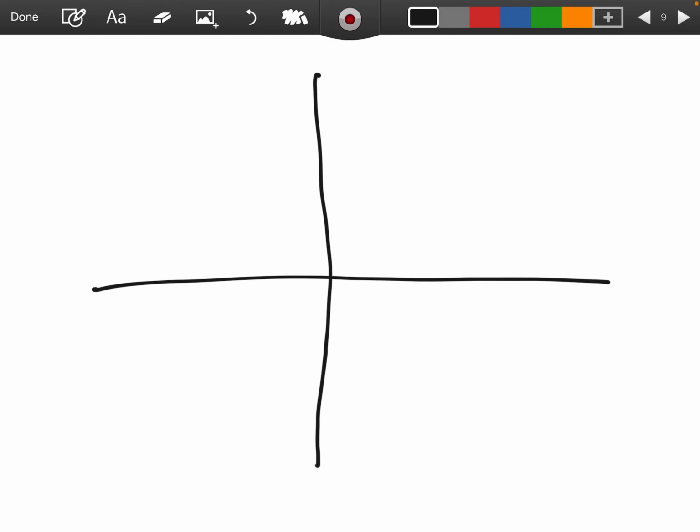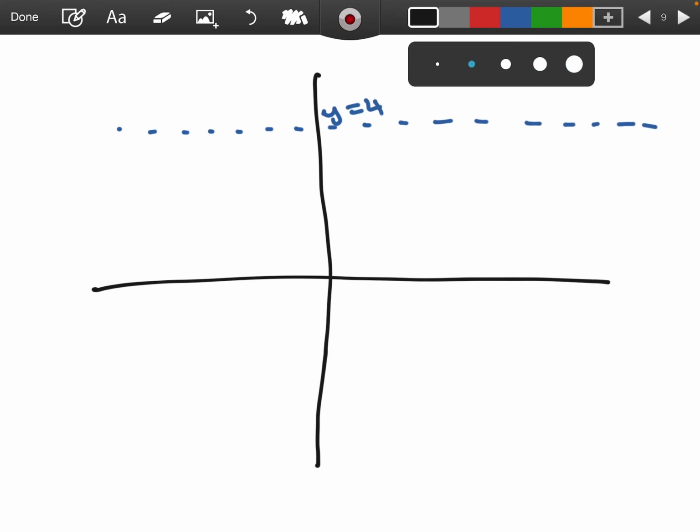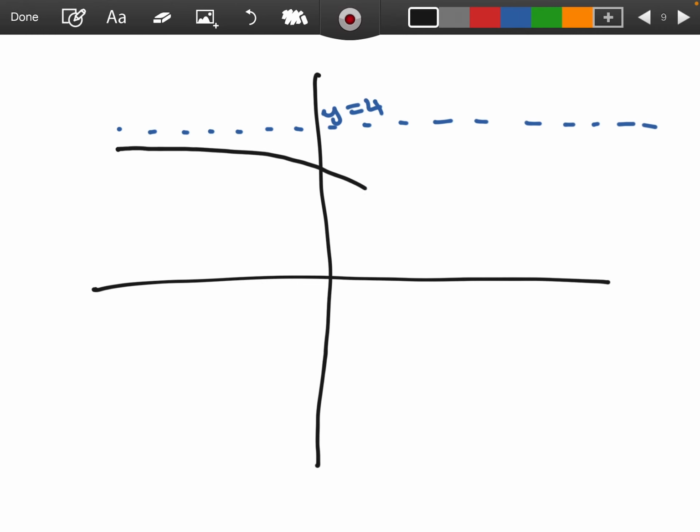So if I go ahead and draw a quick sketch of this, I've got my x and y axes. My horizontal asymptote is now at y is equal to 4, so I'll plot that out. My horizontal asymptote is here. And remember, my graph was flipped in the x-axis, which means it now looks something like this.